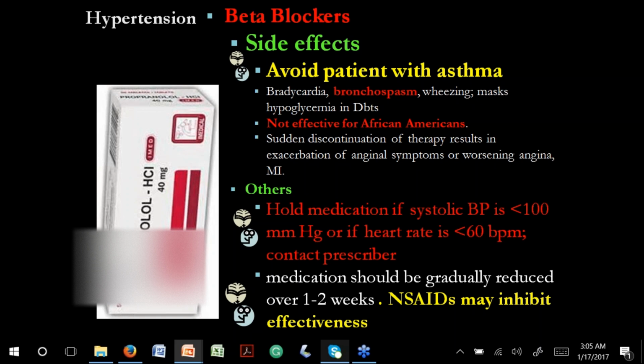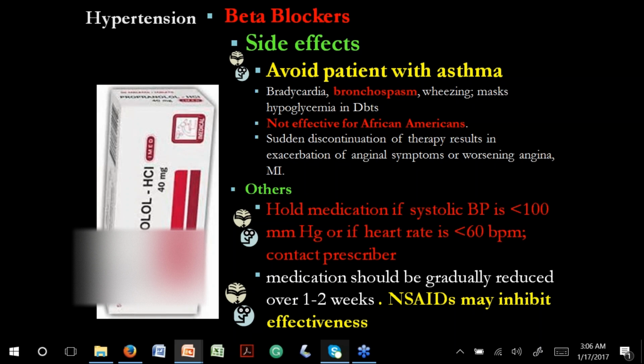Now propranolol is nonselective, so it can block beta 2 too. What does beta 2 normally do? Beta 2 is bronchodilation. But if you give a beta blocker that is not selective, blocking beta 2 produces bronchoconstriction.